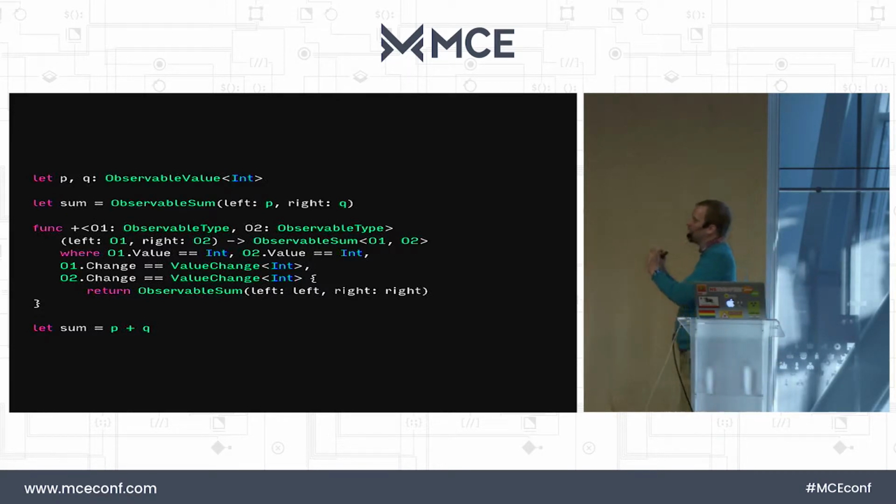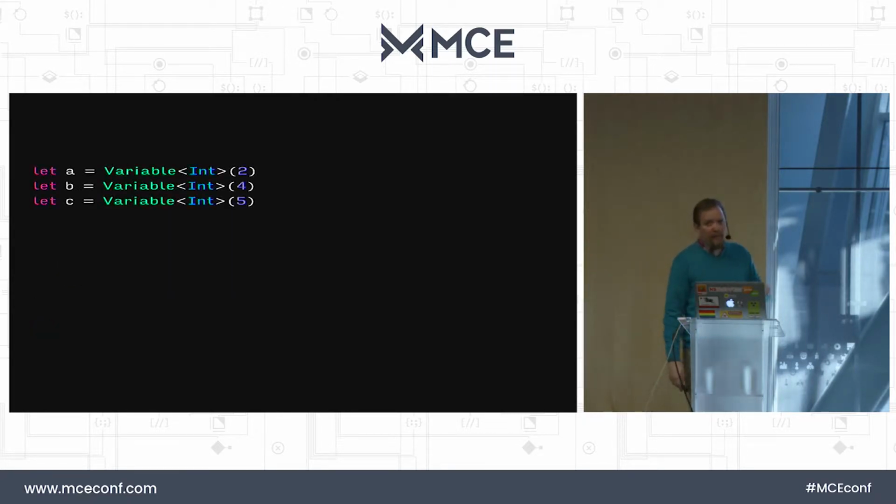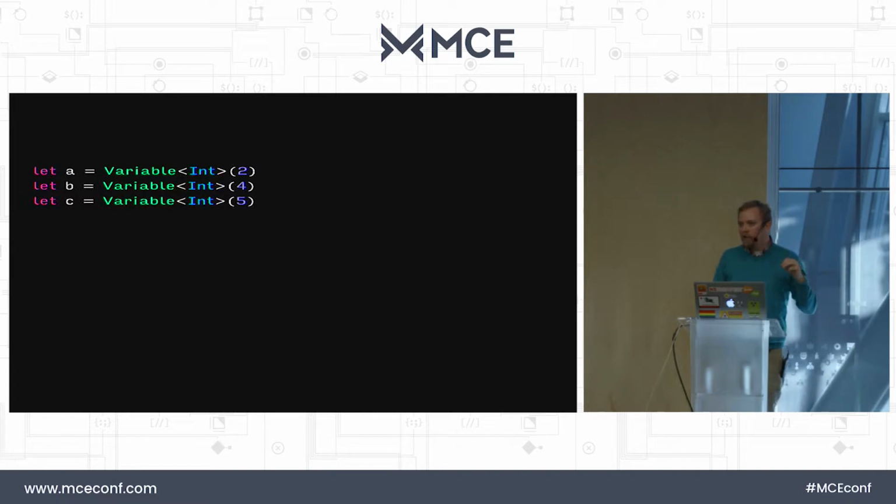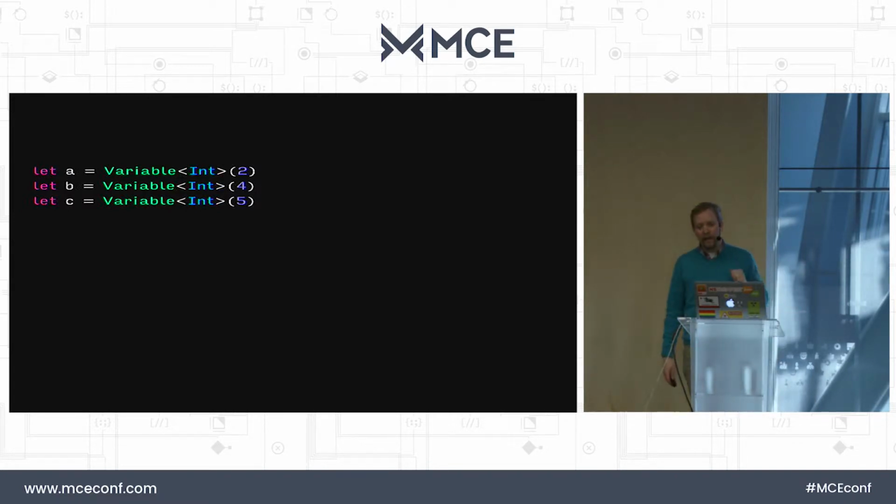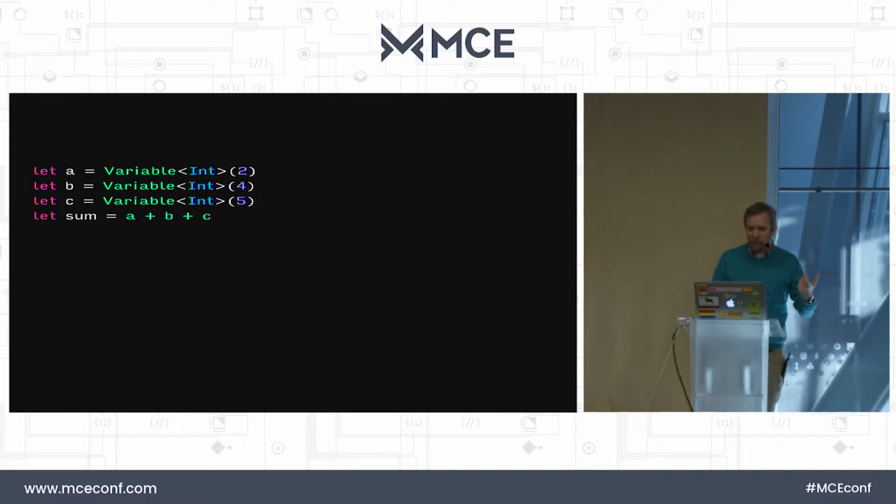Okay, so we take two observable integers, p and q, use the plus operator to add them together, but we don't get an integer back, we get an observable integer. All right? So if we have three observable variables or integers like this, a, b, and c, we can add them together, a plus b plus c, to get a single sum, which is an observable integer.